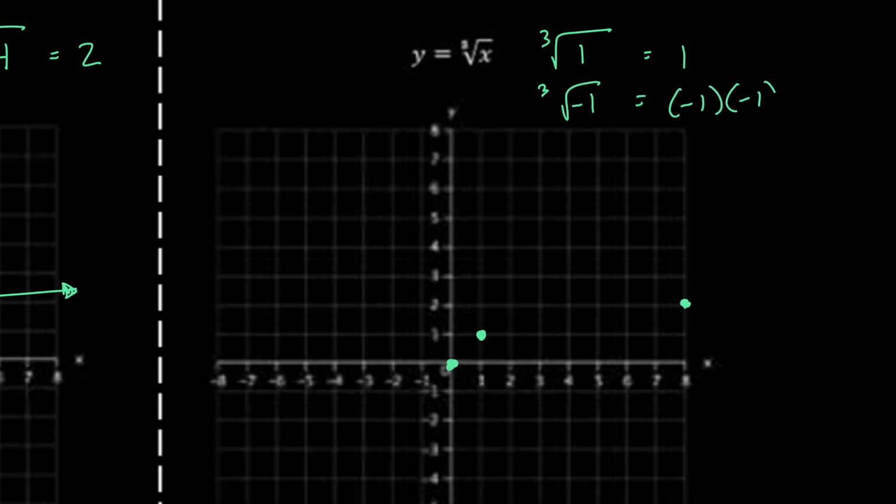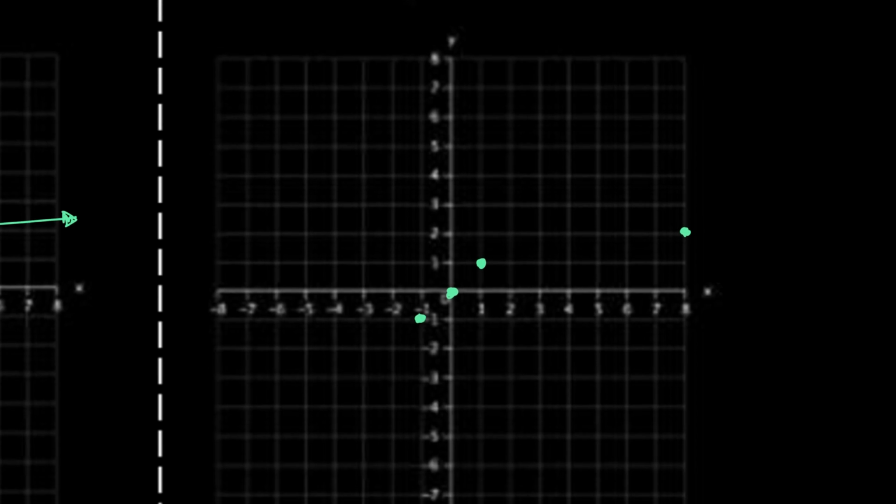Negative 1 times negative 1 times negative 1 gives us negative 1. So the cube root of negative 1 is negative 1. What about the cube root of negative 8? Negative 2, right? Negative 2 times negative 2 times negative 2 is negative 8. And that's our graph. What does that remind you of?